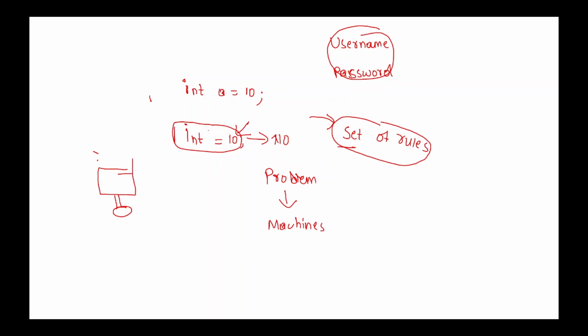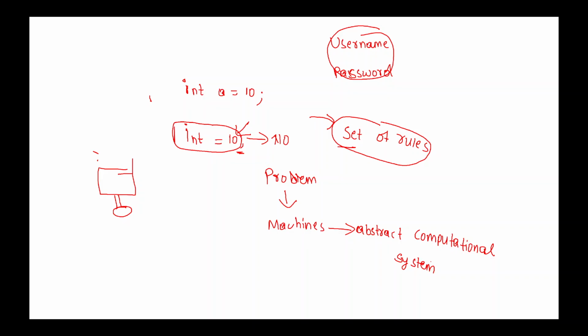No, these are not the machines in TOC. Machines in TOC refer to an abstract computational system. So what is this abstract computational system? Abstract means imaginary. So this is an imaginary computational system which cannot be seen and cannot be touched.